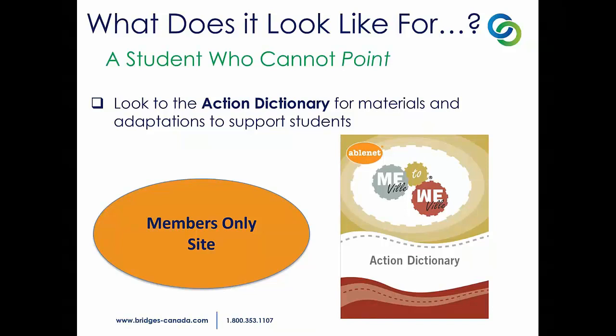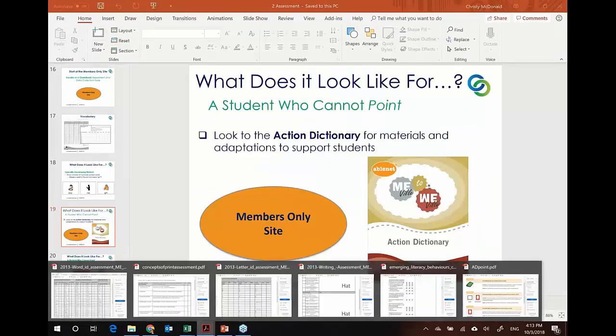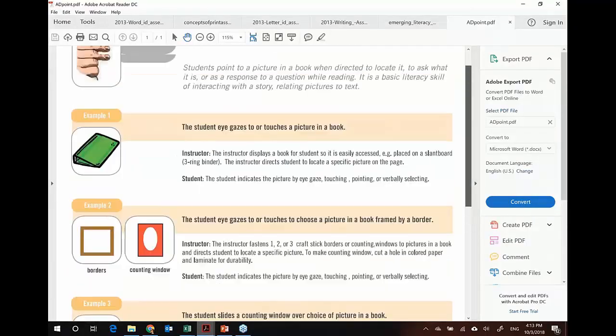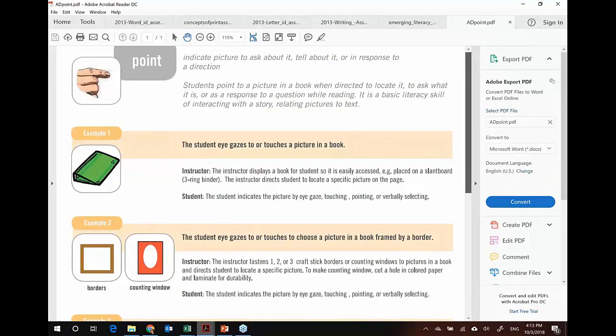But what if you have a student who can't point? They are physically unable to point to the word. So I can use my action dictionary to find ideas for alternative ways to point. If I go to that page, and I believe I already have it open here, in the action dictionary there are lists of ideas, you'll recall, that describe different ways that a student could perform an action, in this case it's point, if they can't do so in a typical way.